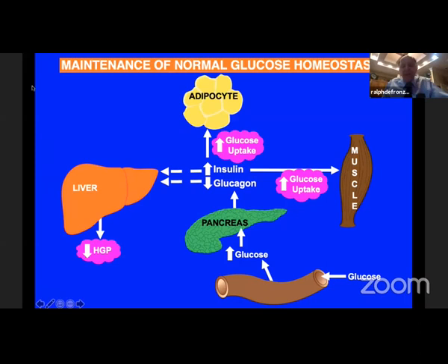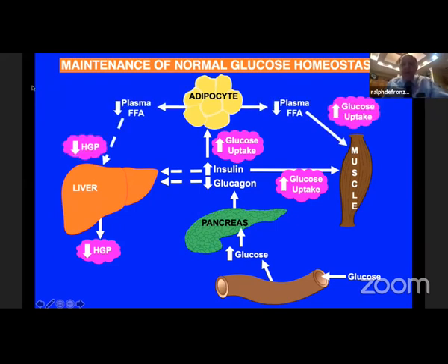So it stimulates glucose uptake. But remember, it's only about 5 to 10% of the glucose load that's going into the adipocyte. The majority of an oral load is going into the muscle and the liver.